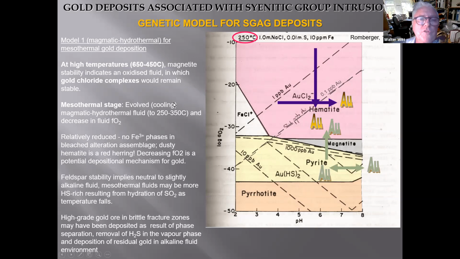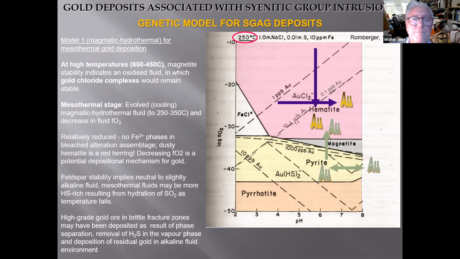Whereas at the mesothermal stage, the ore fluid has cooled. So the high temperature fluid has cooled to temperatures of 250 to 350 degrees. And that's accompanied by a decrease in the fluid oxygen fugacity in acknowledgement of the Fe2+ bearing species that comprise that bleached sodic alteration assemblage.